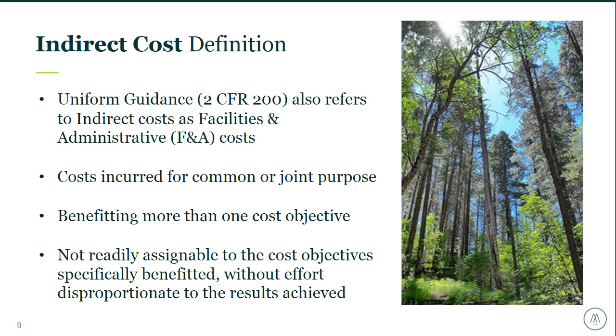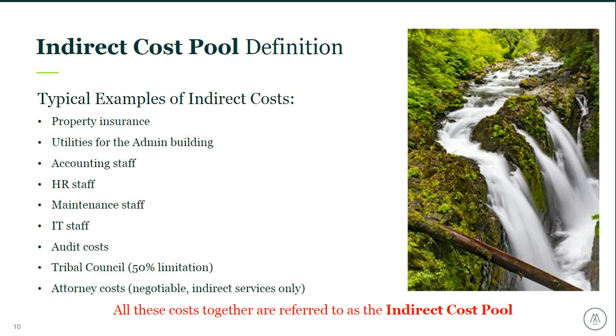So when we think about the types of costs that get included in a typical indirect cost pool for an Indian tribal government, clearly we're seeing a lot of these types of costs that are broadly helping multiple programs, multiple cost objectives per that definition, and aren't easily allocable or assignable, and so they get included in that indirect cost pool.